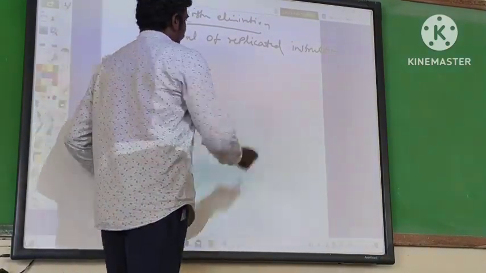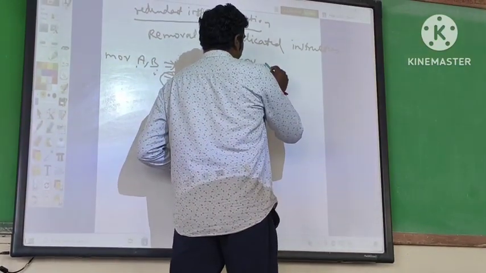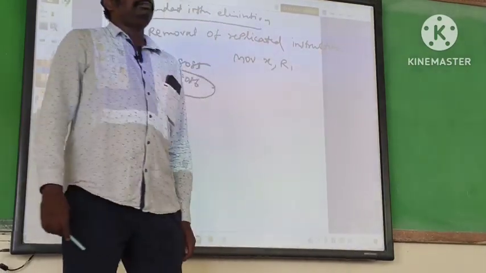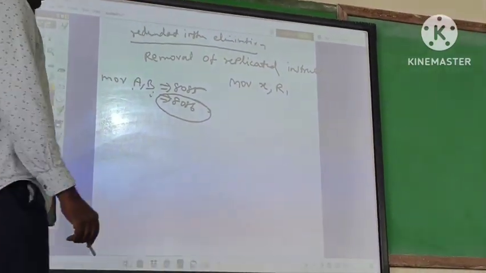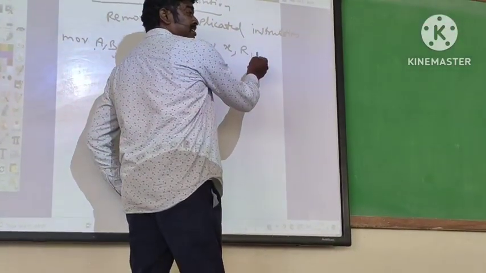Say for example, I have a statement MOV X comma R1. Now what is getting stored in what? The X value is moved to R1, register 1.